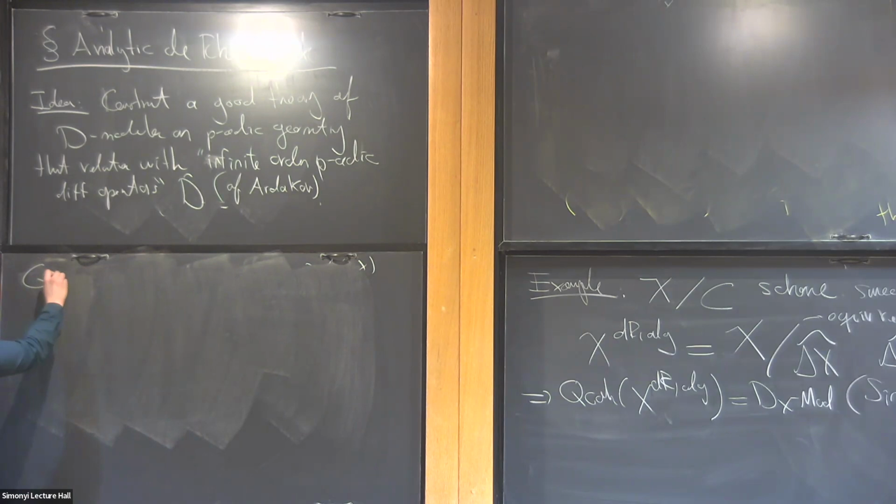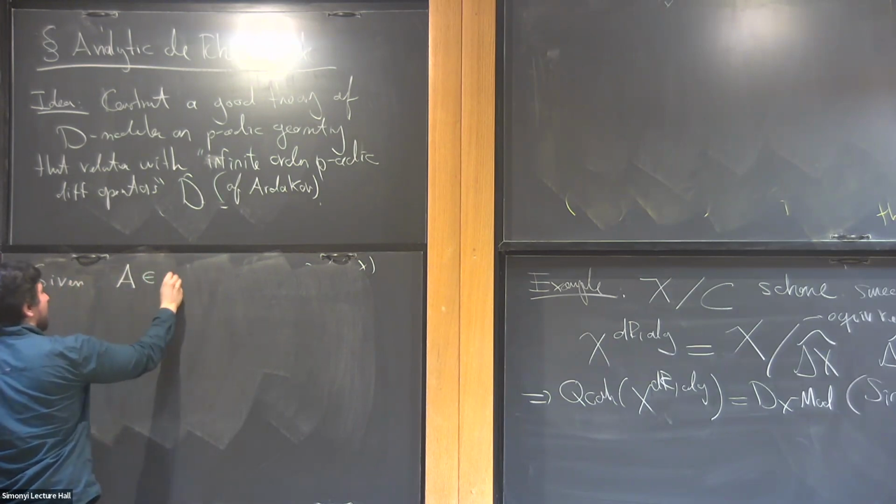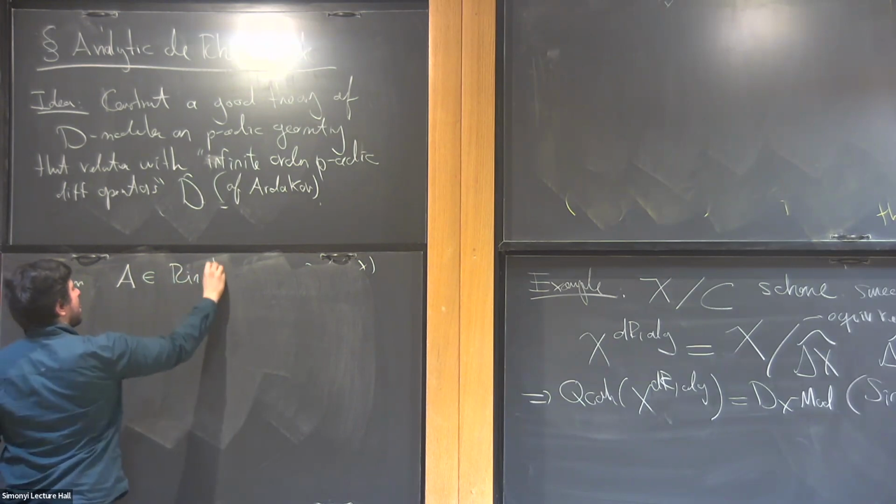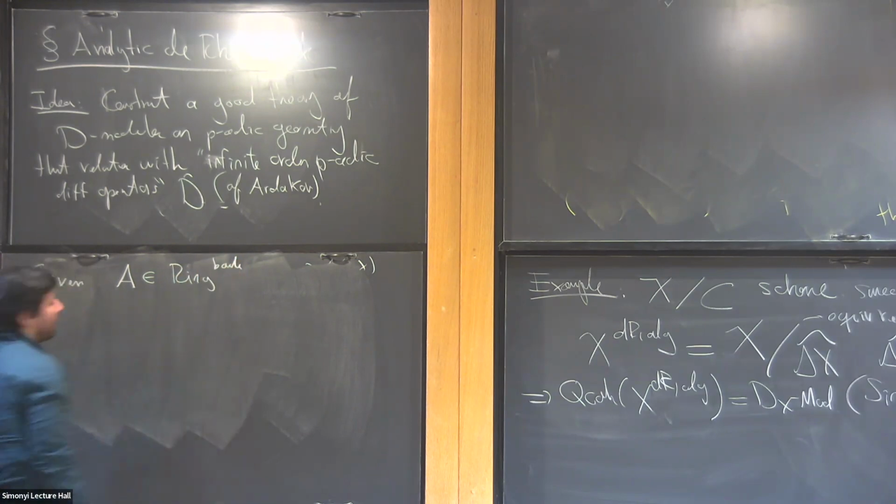So inside this category, given an object which is just a colimit of Banach algebras, I can define different objects.